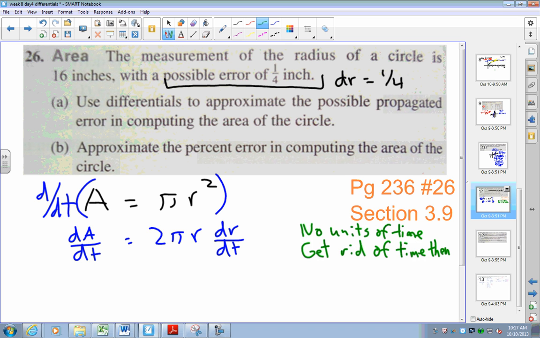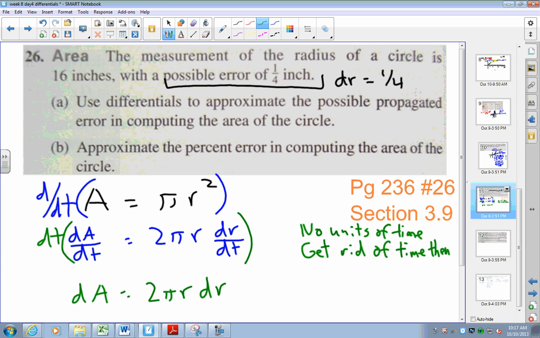Is there any clever multiplying that you could do? Multiply by who? dt? Okay. What happens on the left? Cancels out. dA equals 2 pi r dr. You guys okay with that?